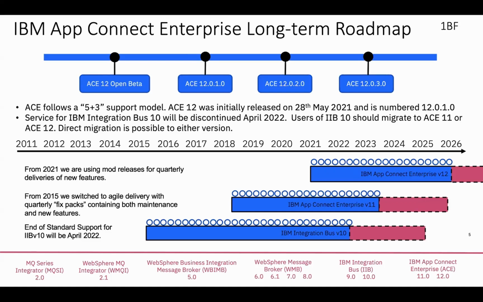So the GA was 12.0.1, and what would have been the first fix pack is actually our first mod release, called 12.0.2. So when I talk about changes that were introduced at 12.0.2, I mean the ones that came in what would have been the first fix pack, but it's not a fix pack, it's a mod release. But that's what I mean.